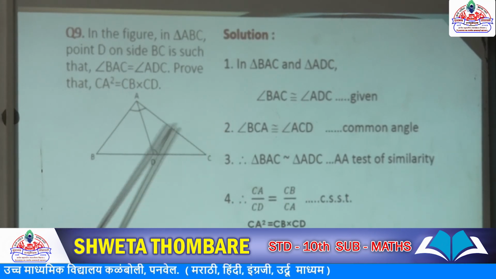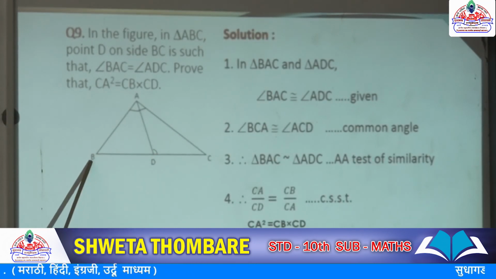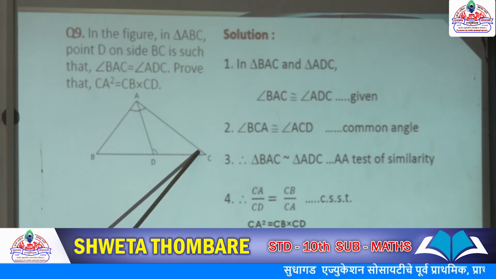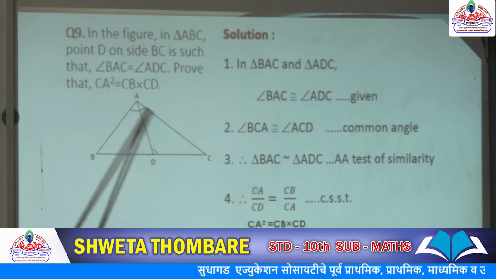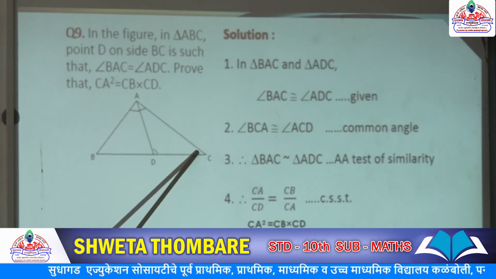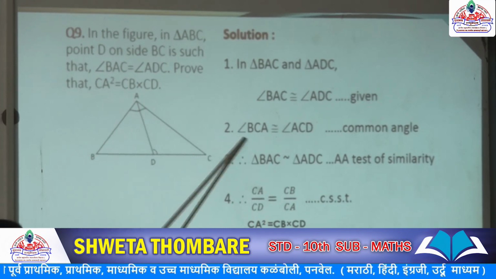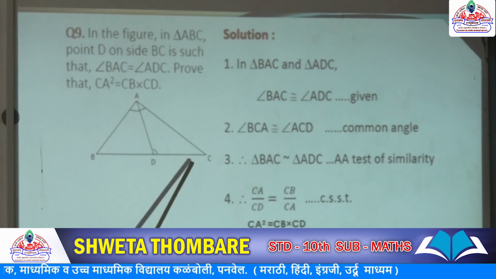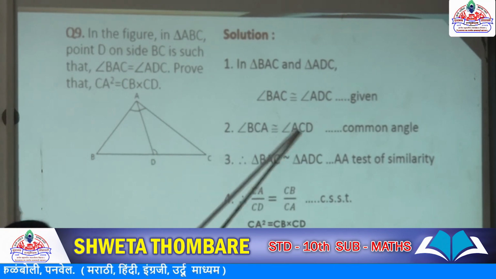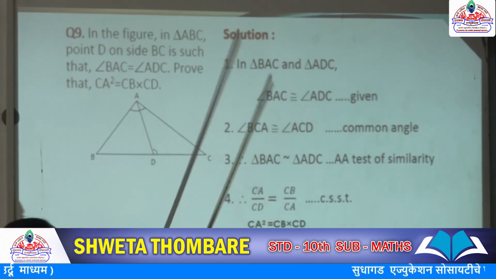In the bigger triangle, the name of angle C is angle BCA, and in the smaller triangle it is angle ACD. So angle BCA is congruent with angle ACD. Why are they congruent? Because it is a common angle. So we write the reason as common angle.